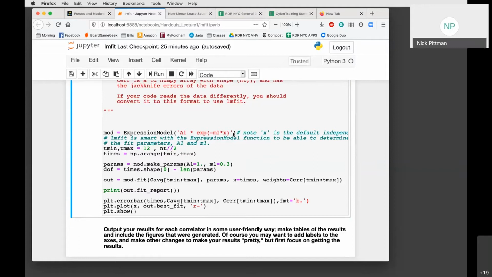We could do if file name, and then say the first three characters equals dot ds, and that way it'll only read the first three characters of the string. That would work, or should work.